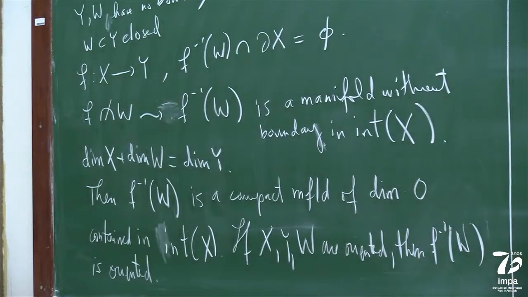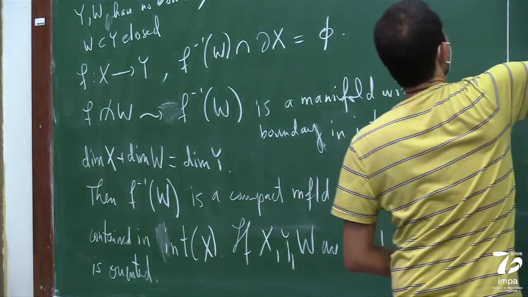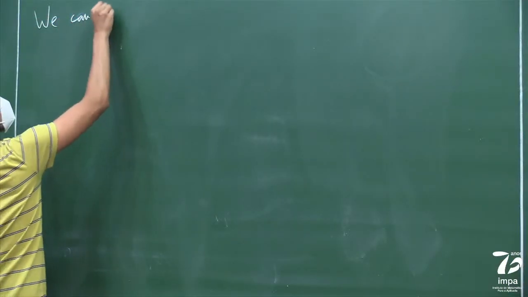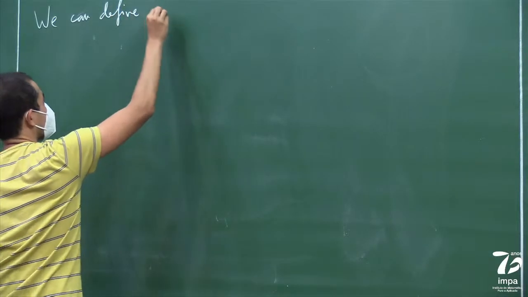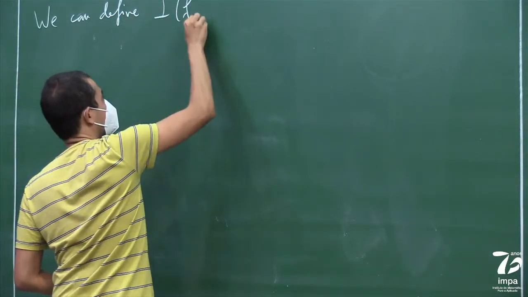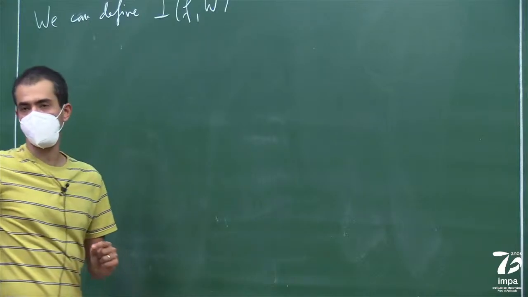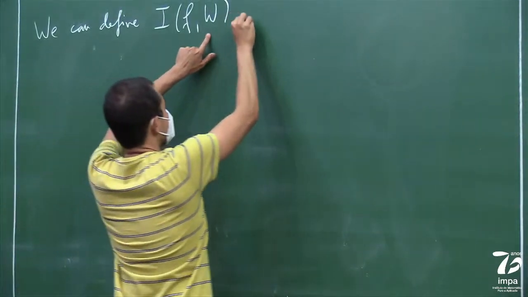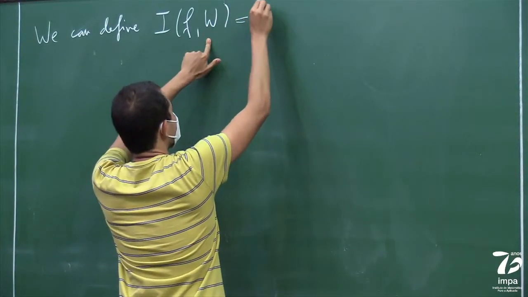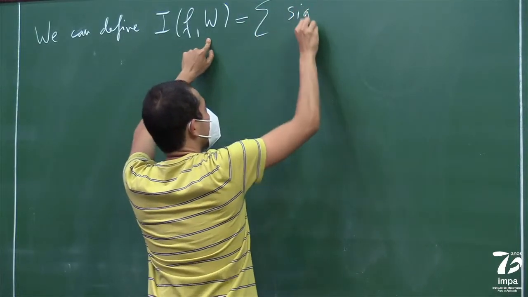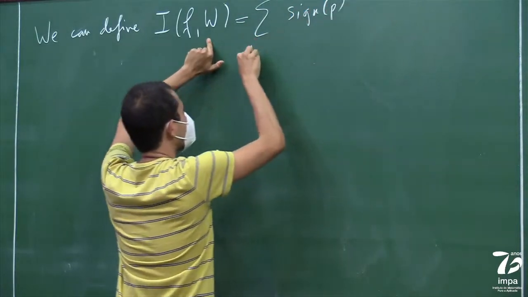But the thing that is a little tricky, so we can define the intersection number of f and W in the transverse case, at least, to be the sum of the signs of the points in the intersection.